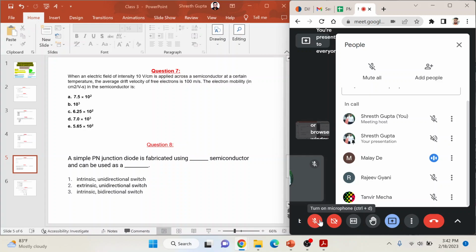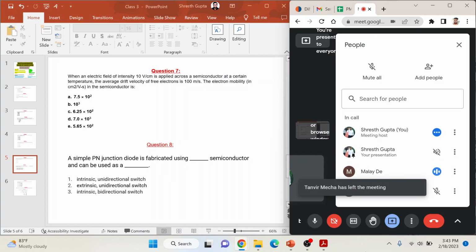Sir, C. Okay, and why do you think so? Sir, C, number 3. Yeah, why do you think so? Could you explain? Actually, sir, I think in extrinsic semiconductor, if you use bidirectional, some problem is there in the depletion region.